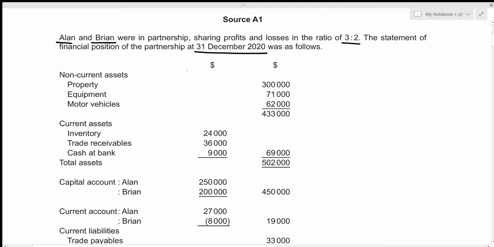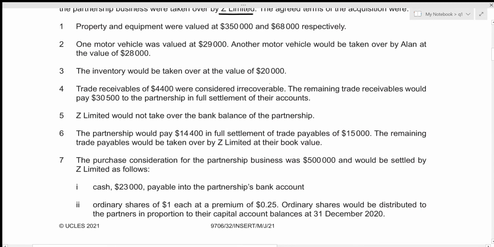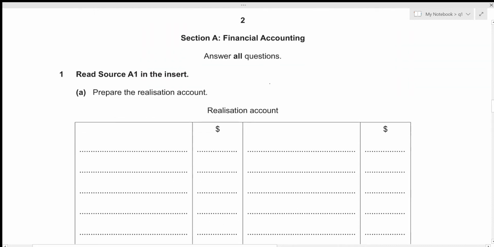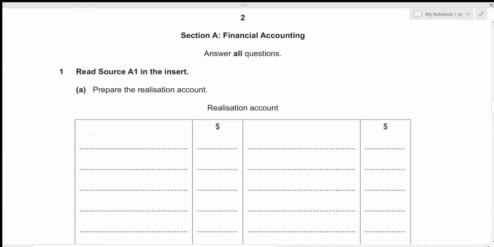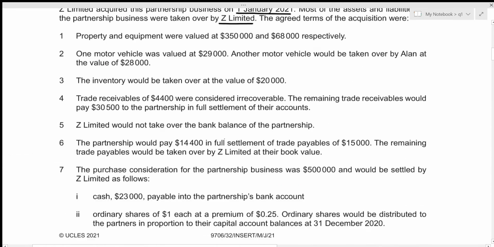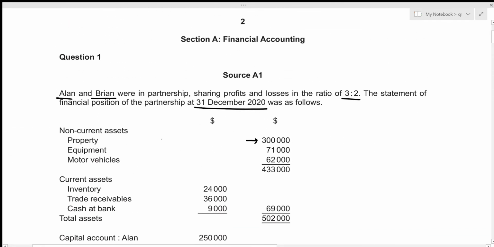We can see that previously property was valued at 300,000. So we are going to record this on the debit side of our realization account. Let's do that. So that will be property with the value of 300,000. Then next we have equipment with the value of 71,000 and motor vehicles with the value of 62,000.